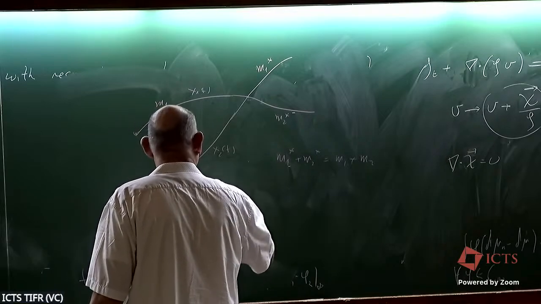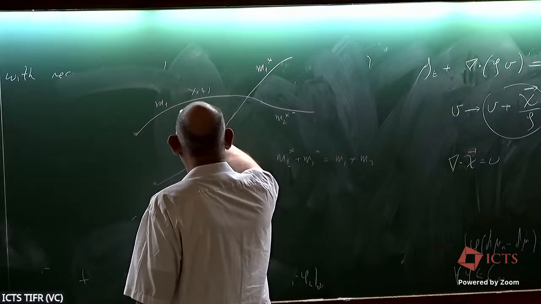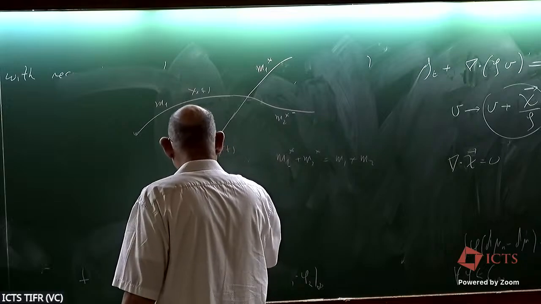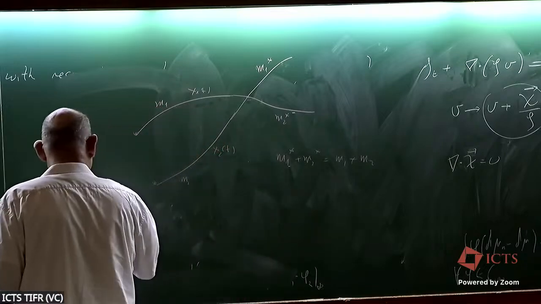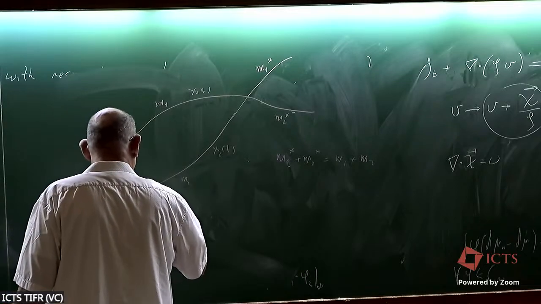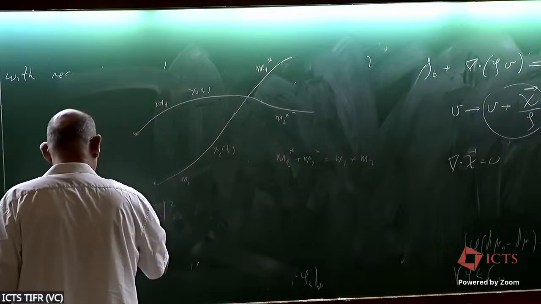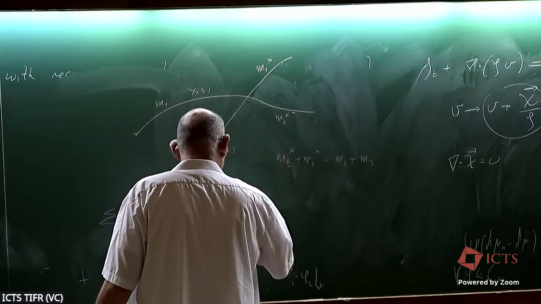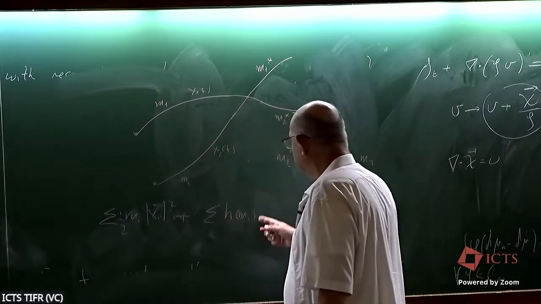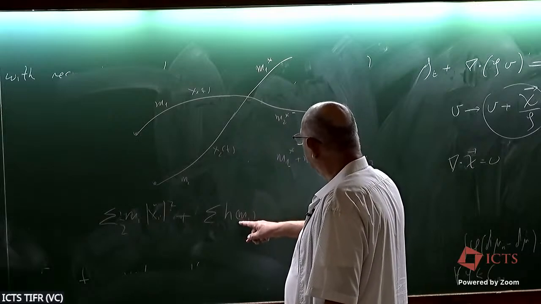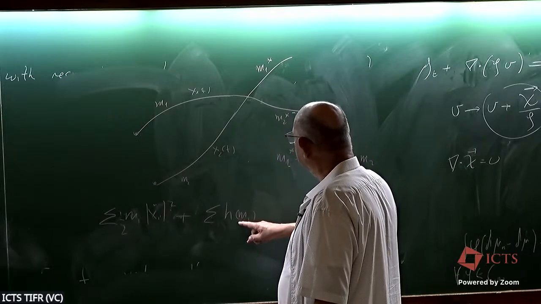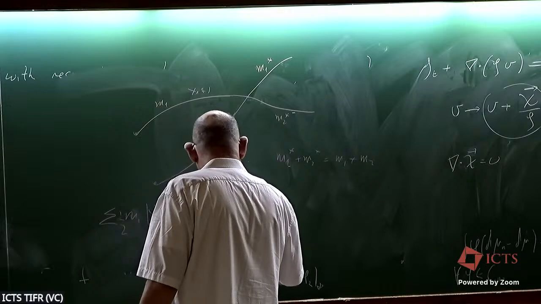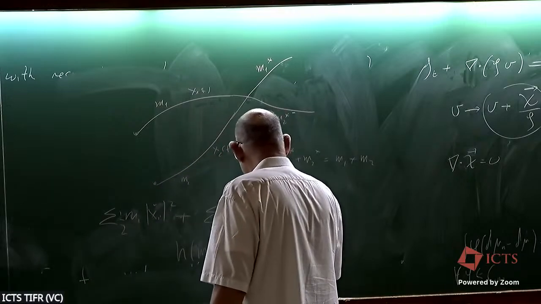So you add to the kinetic energy of these particles, the sum of mi xi dot square, some energy h which is somehow embedded in the mass, and you assume that h is sublinear in the masses.